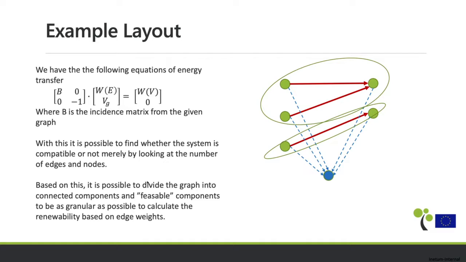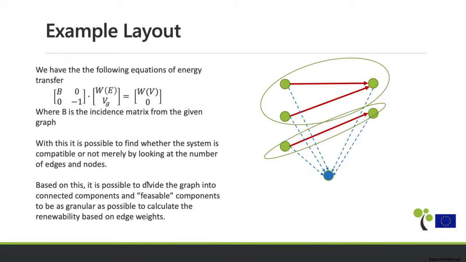Because of this, in the end, you arrive at the conclusion that you need the same number of edges and nodes in order to be able to solve the equation, that for each system you need a one-to-one direct link.